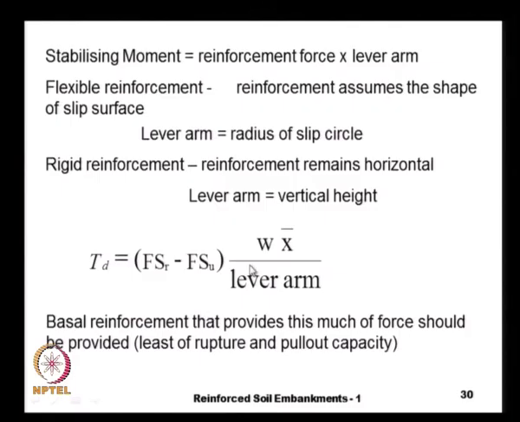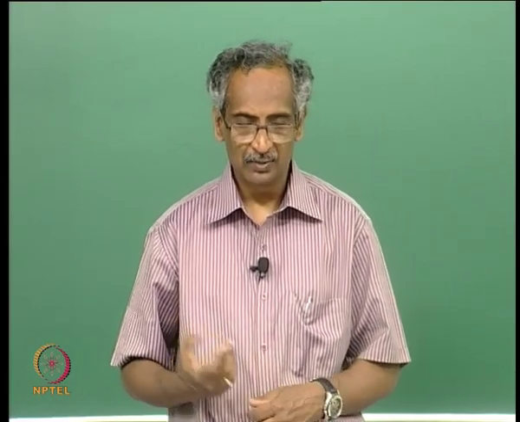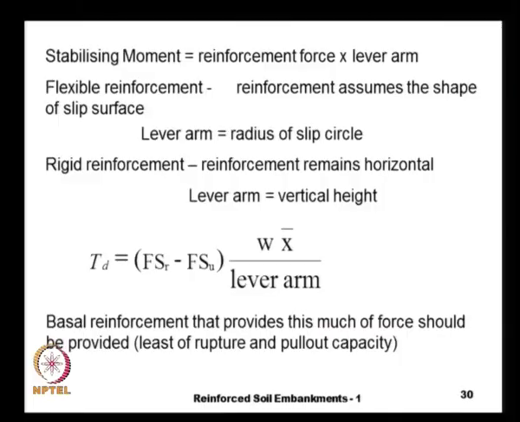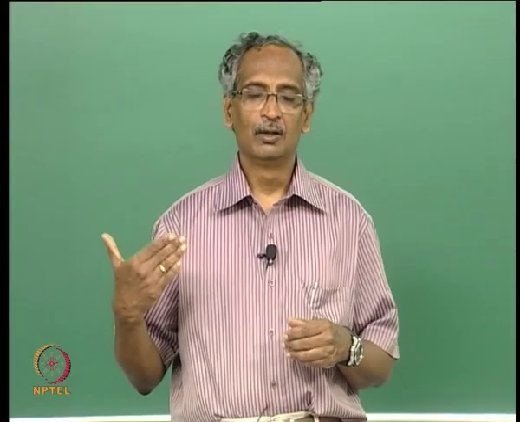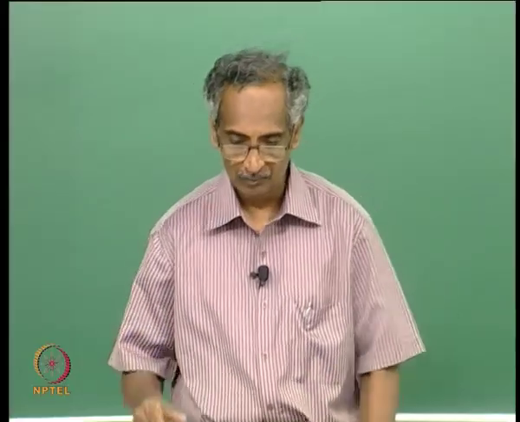So we should provide this much basal reinforcement that develops this much force, and sometimes we may not be able to provide it in one single layer. We may provide multiple layers, say 2 or 3 layers, to provide sufficient force. And as I mentioned before, the reinforcement force that we consider is the lower of either the tensile strength or the pullout resistance.